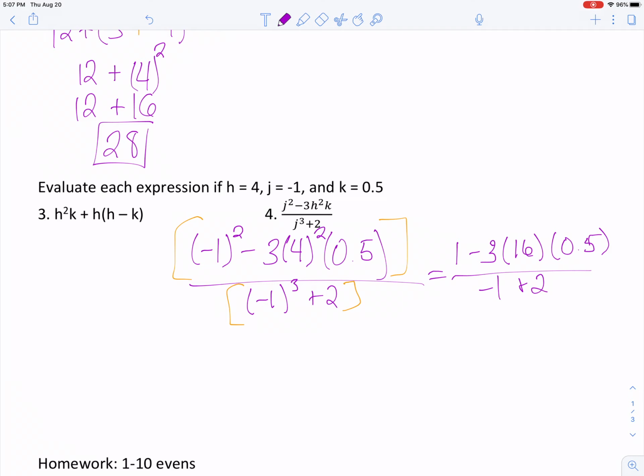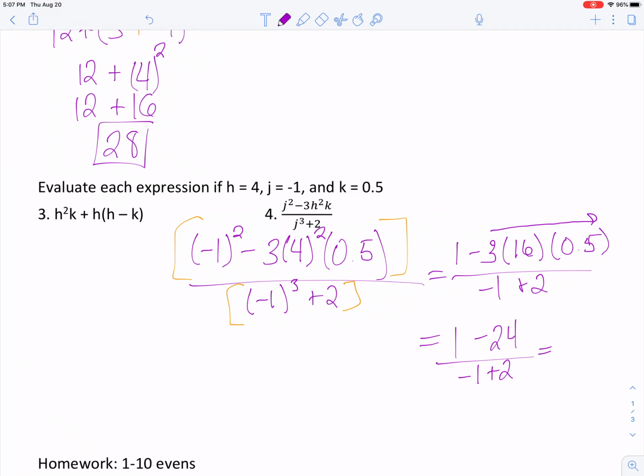I'm going to take 3 times 16 times the 0.5, and I'm probably just going to plug all that into my calculator at the same time, or do it in my head, whichever way. It's going to be negative 24. Looks like we're getting closer to an answer here.